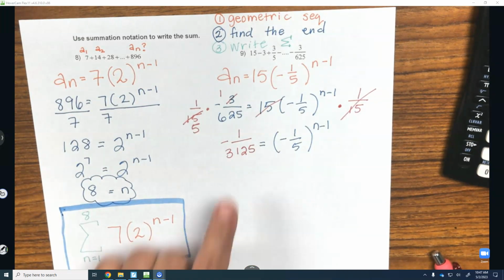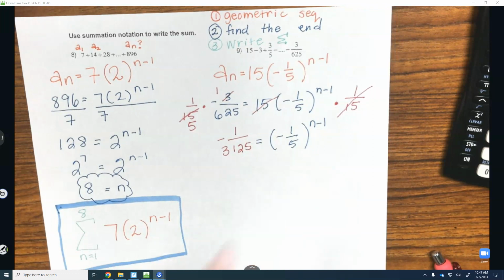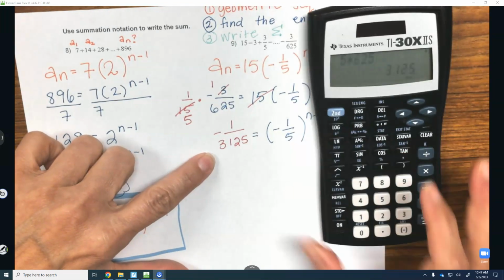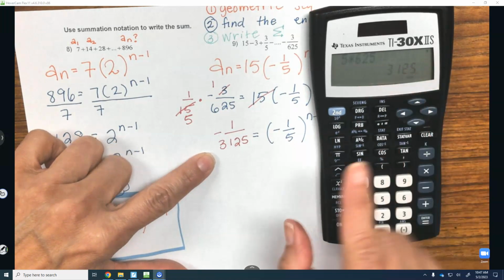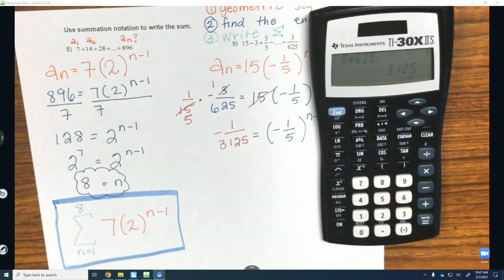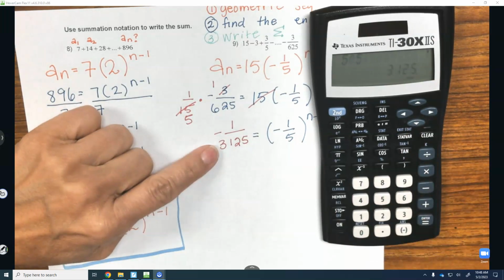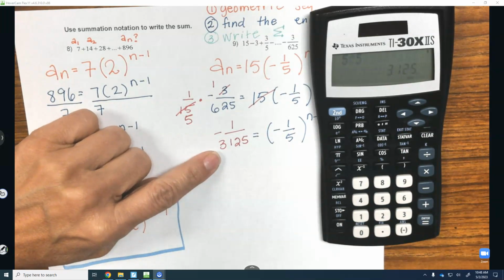I know 3125 is a power of 5 because my teacher told me there's no logs. It's always going to be the same base. So again, I'm going to take this and divide by 5 and count how many times I hit enter until I reach 1. So when I divide by 5, that's 1, 2, 3, 4, 5. I can check it. I can do 5 raised to the 5th power, make sure I get 3125, and I do.